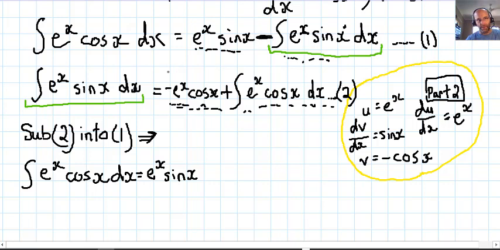Now this is negative, this is positive algebraically, so we're subtracting a negative for this term here, so that's actually going to add e to the x cos x, minusing a negative. And this one here is going to now be subtracted, subtracting a positive. So minus the integral of e to the x cos x dx.